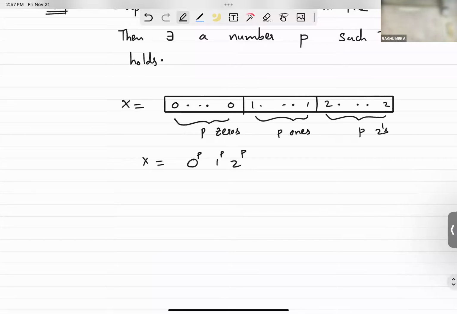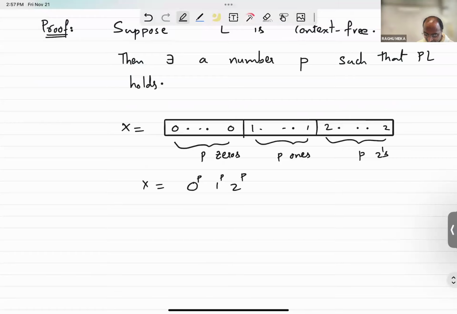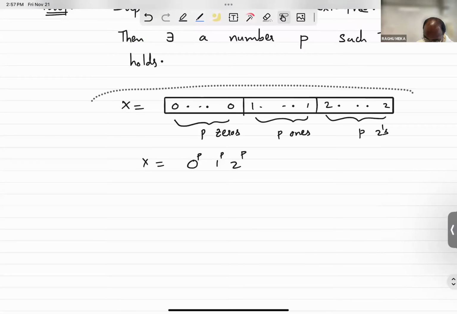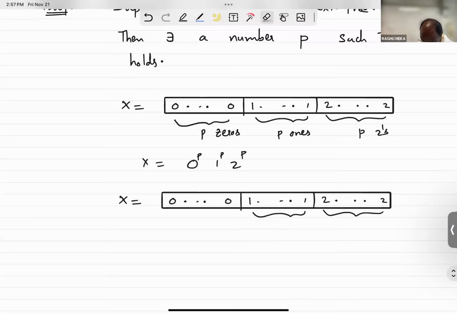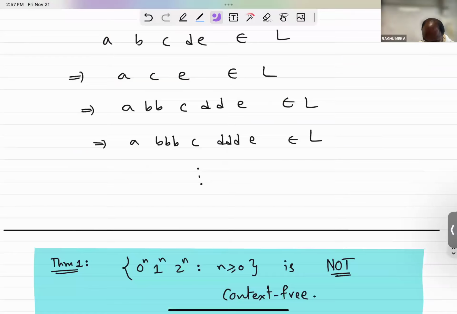Our claim is that this cannot be pumped. I have a string which is in the language; the challenge string must be something in the language, and we want to say I cannot break it up into 5 pieces where I can satisfy the pumping lemma.